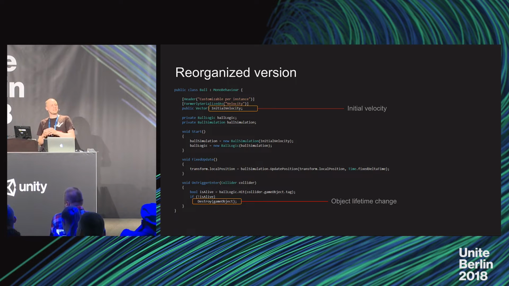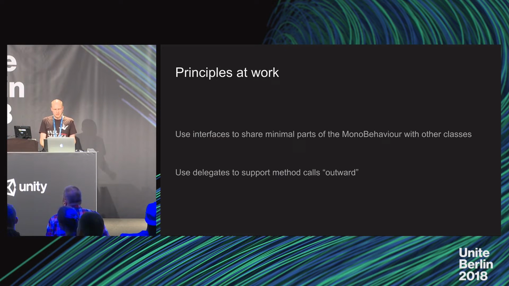It just does things to a ball location which it is being given and then returns it. So it's not perfect the way that things are tied together here. If we work with interfaces, maybe we can share a portion of that ball MonoBehaviour with the simulation. Not all of the MonoBehaviour, just the bits that it needs.